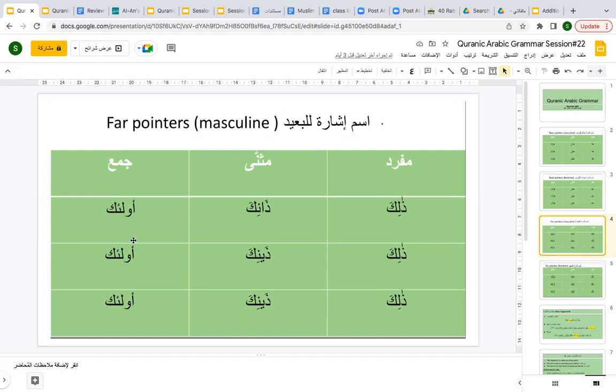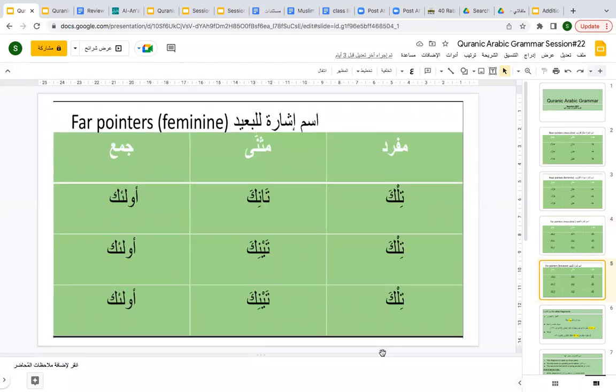But when I have put them like this, it means they can be of different status. Similarly, tilka is going to look like tilka in all three statuses. There is no tilku, tilka, tilki. It is just tilka, tilka, tilka. And ulaika, ulaika, ulaika. So they are not flexible. I hope everyone has understood this part.